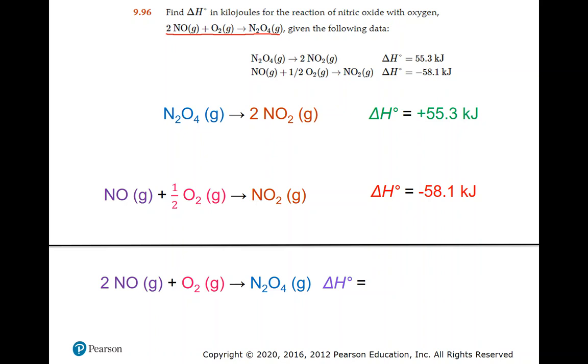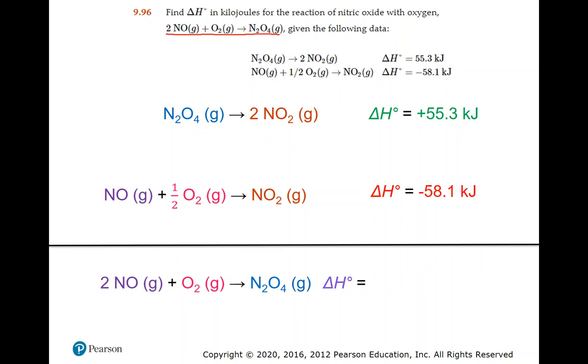So the reaction that we want to find the enthalpy change for is shown here. And again, I'm using the same color coding so that we can keep track of things as we go through. Now, what we want to do is essentially rearrange our two equations, or at least potentially rearrange them, so that when they add together, they give us our final equation.